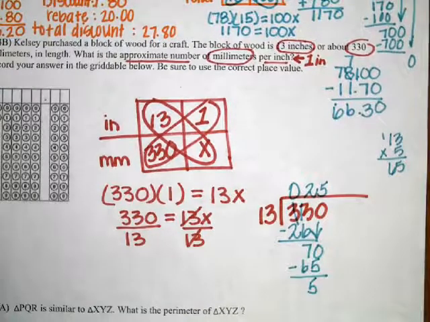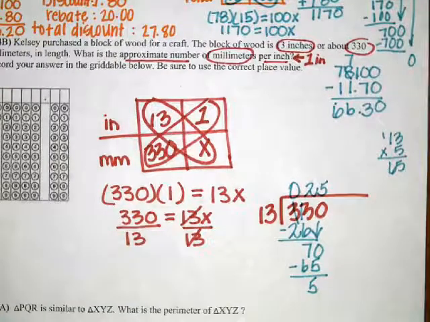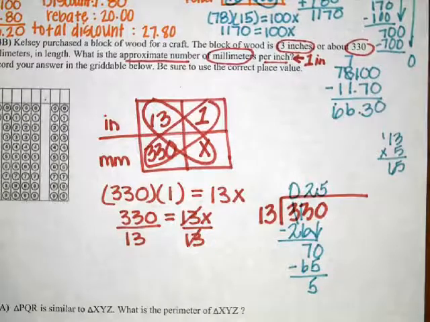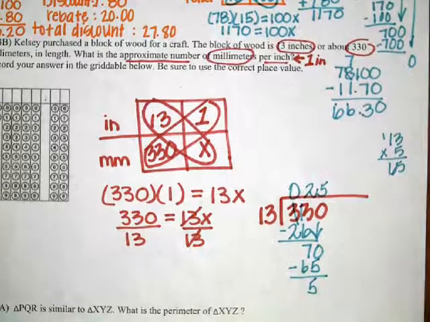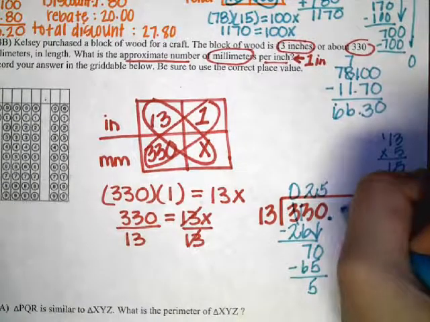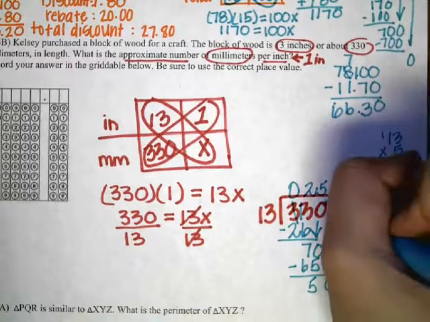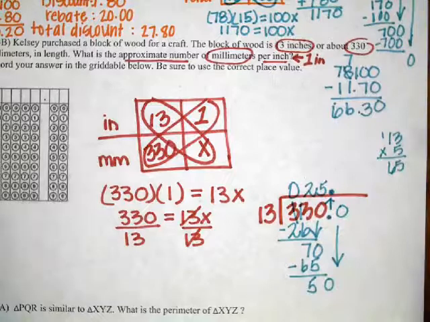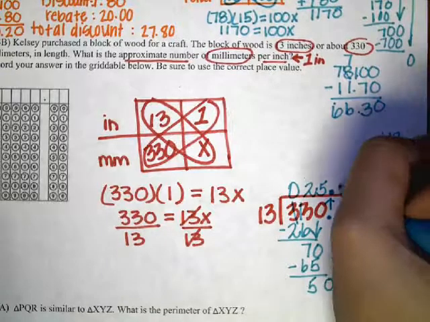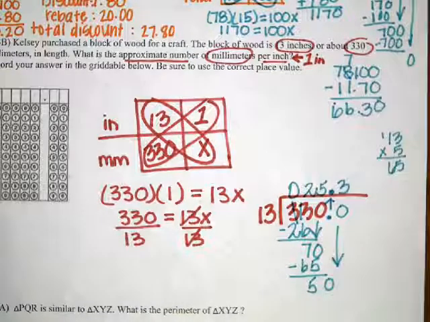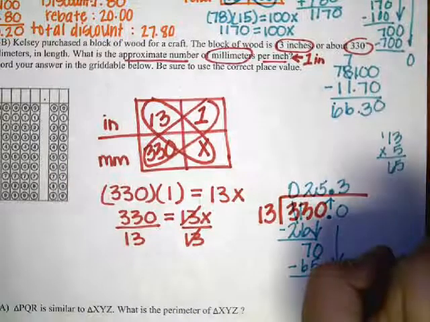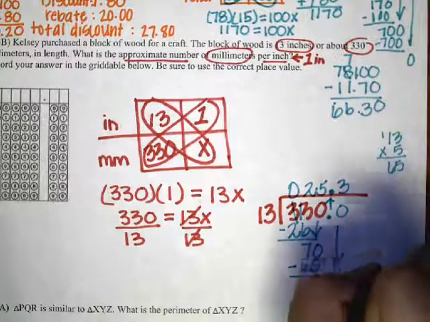Subtract, and you get a remainder of 5. We need to continue on at least until the hundredths place. So add a decimal, add a 0, carry your 0 down, bring your decimal up. 13 can go into 50 3 times. 13 times 3 is 39.